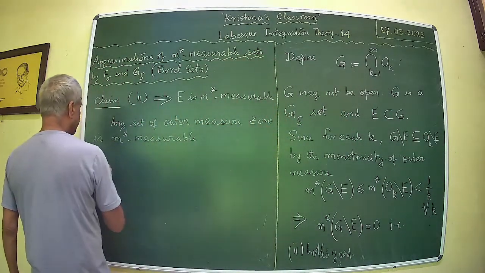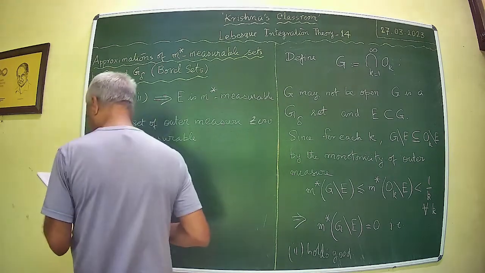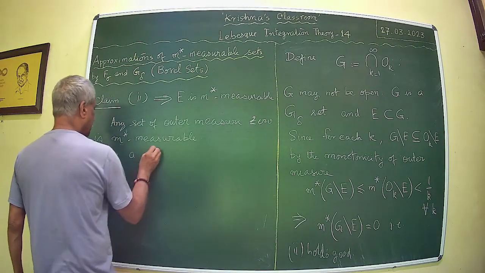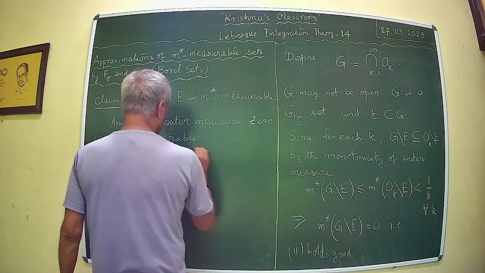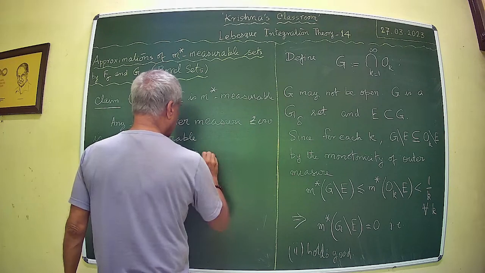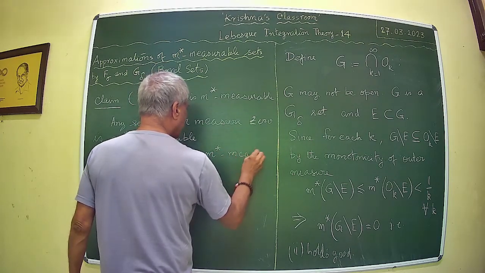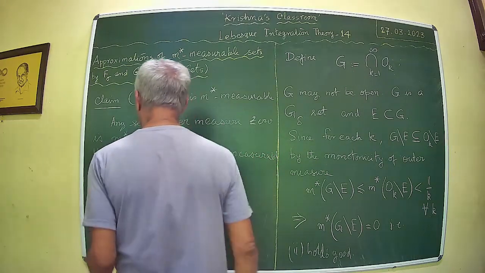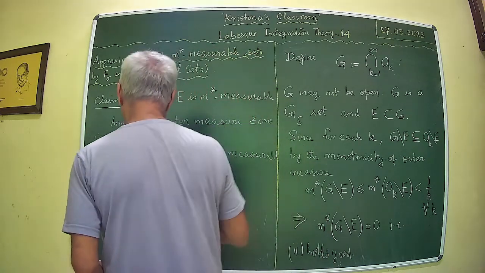So, hence, a G delta set is an M star measurable set.